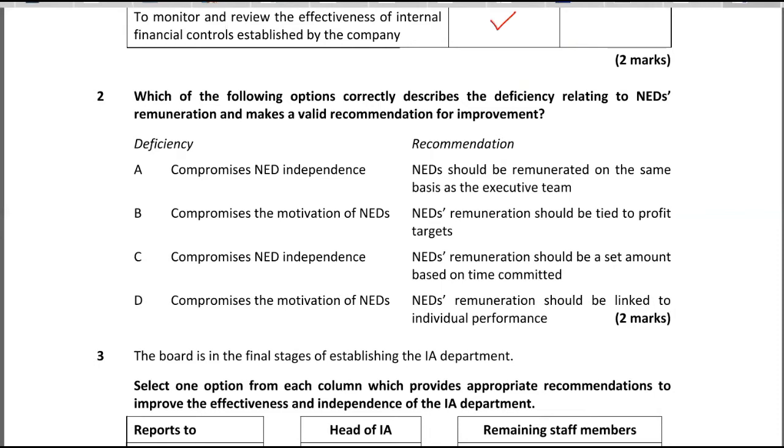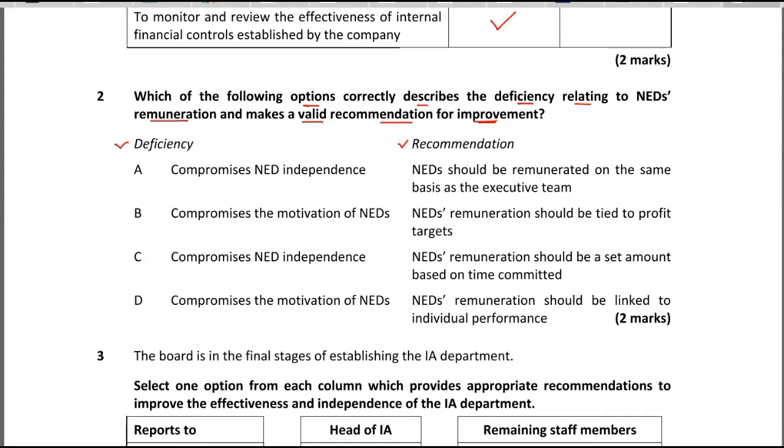which of the following options correctly describes the deficiency relating to NED's remuneration and makes a valid recommendation for improvement? So this is the deficiency and this is the recommendation. Which of the following options correctly describes the deficiency? Which option is correct?